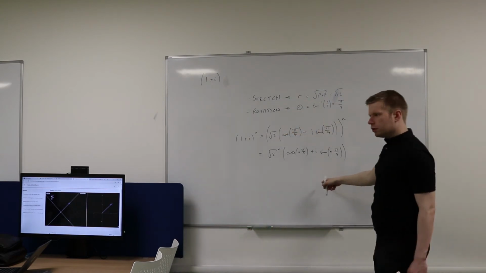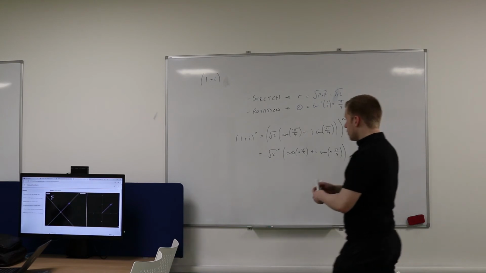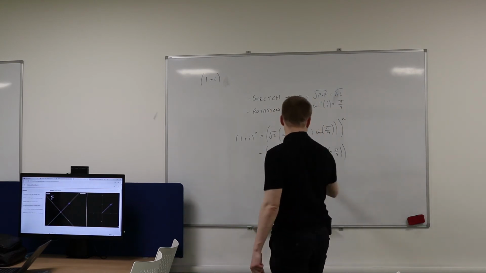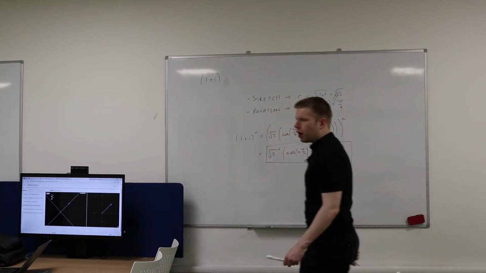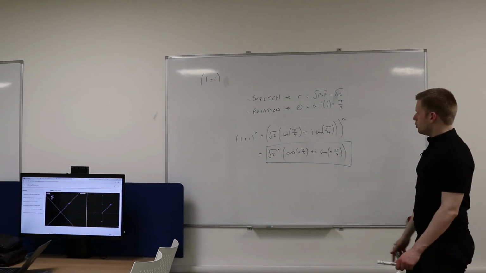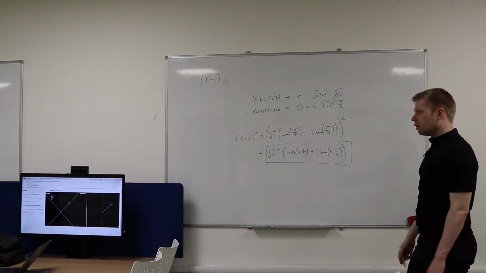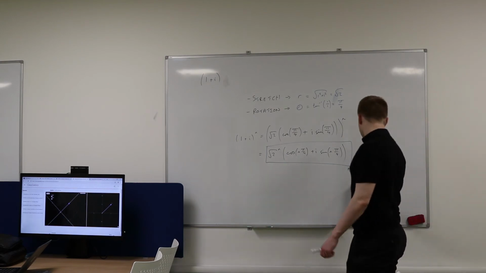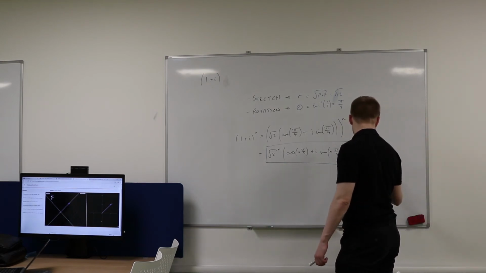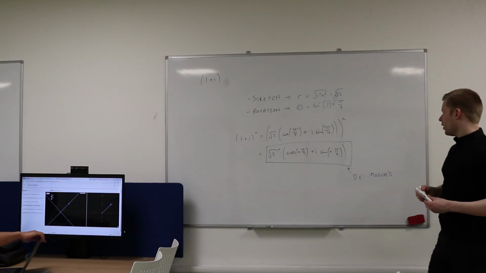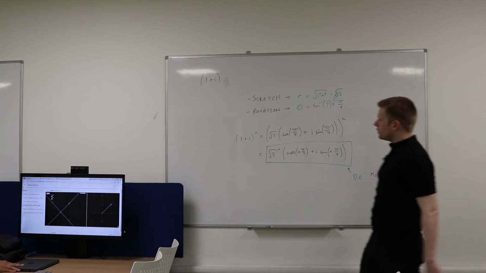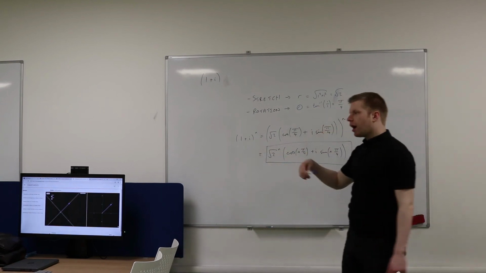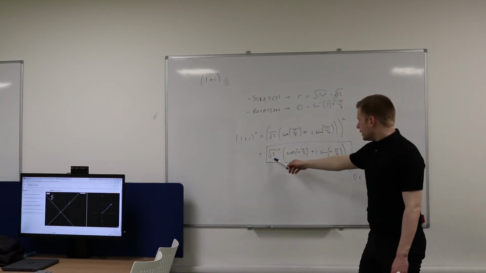Is that okay? Do you remember the name of this? If you take a complex number and you keep raising it to higher and higher powers of n, do you remember the name of this formula? Who came up with it? He was a French guy. De Moivre? Yeah, good. So this is de Moivre's theorem. If you take a complex number and keep raising it to higher and higher powers of n, this is how you work with it.